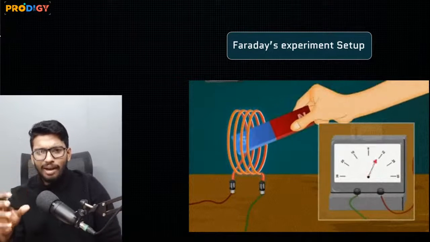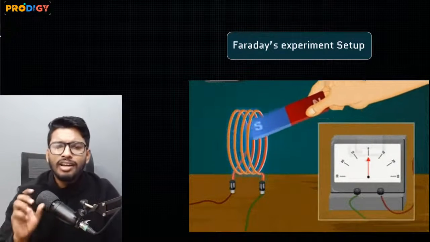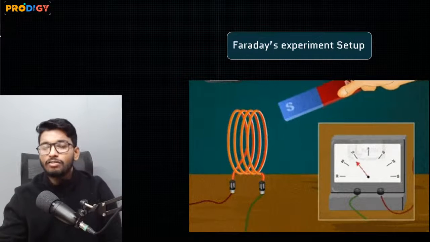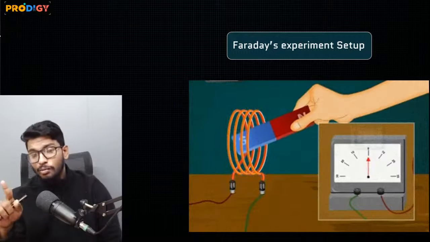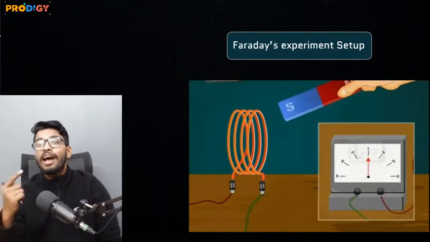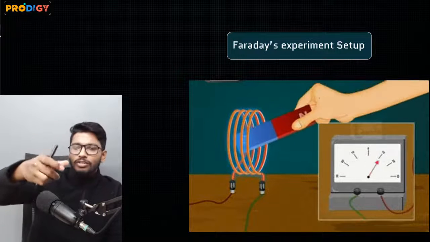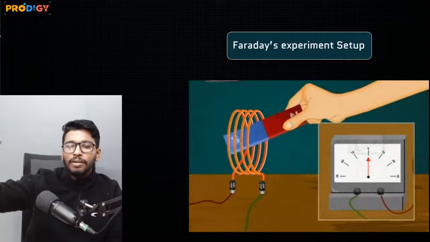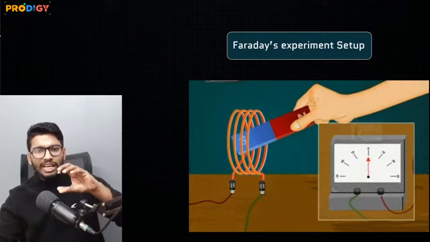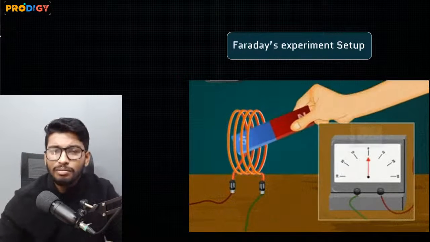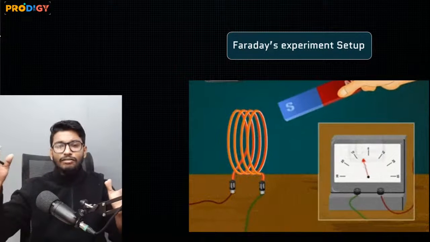Now, if I take a bar magnet and I bring it closer to this solenoid, which is not connected to a battery or anything of that sort, you see that the galvanometer still has some deflection on it, and the direction of the deflection will also be changing when I move this magnet towards and away. So what is happening is that because of this movement of the magnet, the magnetic field is changing.